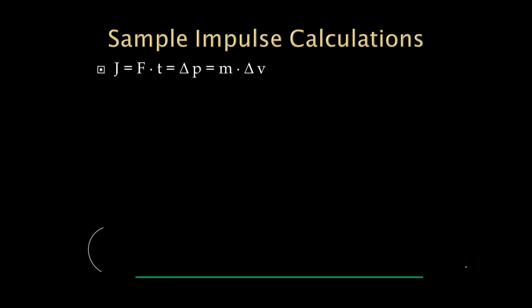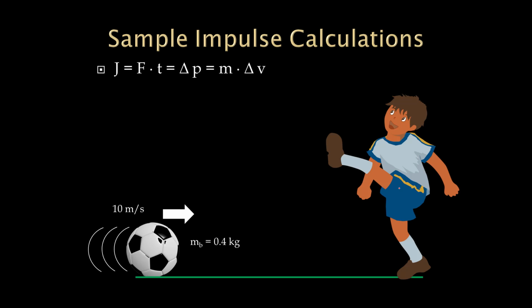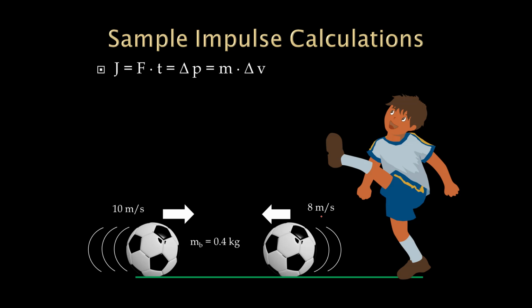Let's look at another example. In this one we have our soccer ball rolling to the right at 10 meters per second. Our young soccer player kicks the ball and it starts rolling to the left. Notice something here, that we start with a positive quantity and we end up with a negative quantity. So our change in velocity in this case is our final velocity, and we're calling left negative, minus 8 meters per second.